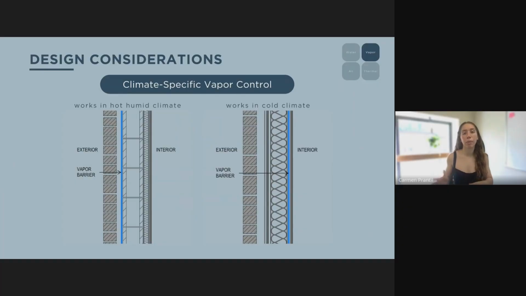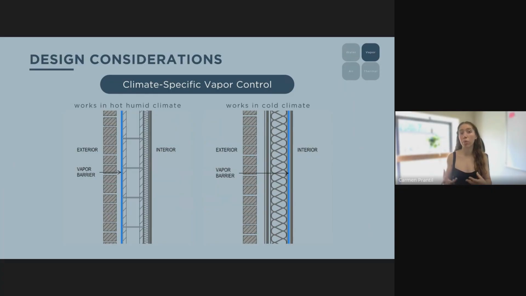So if we have vapor drive from exterior to interior and we put a vapor barrier at the interior, we're putting an impermeable material right where water's going to collect, and it's going to trap moisture in our walls. This can be problematic in any environment if we put it on the wrong side, but particularly less forgiving in hot, humid climates.